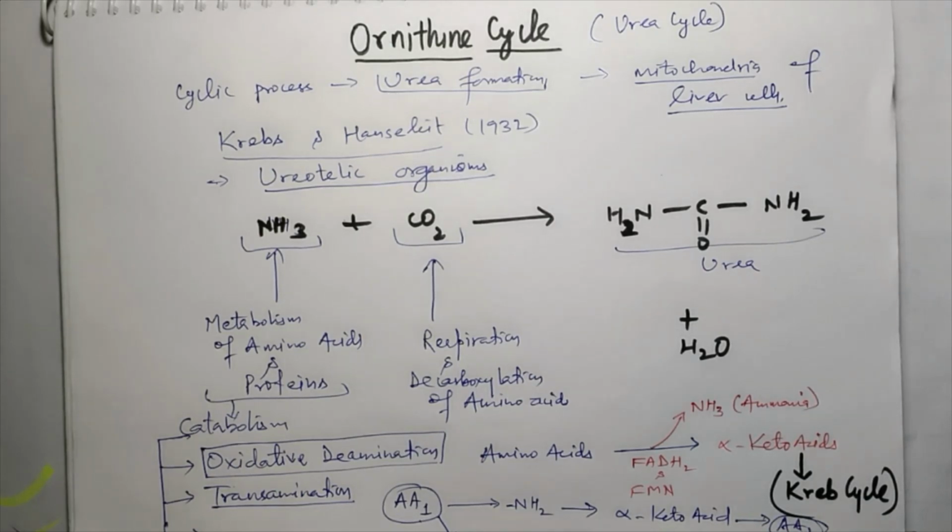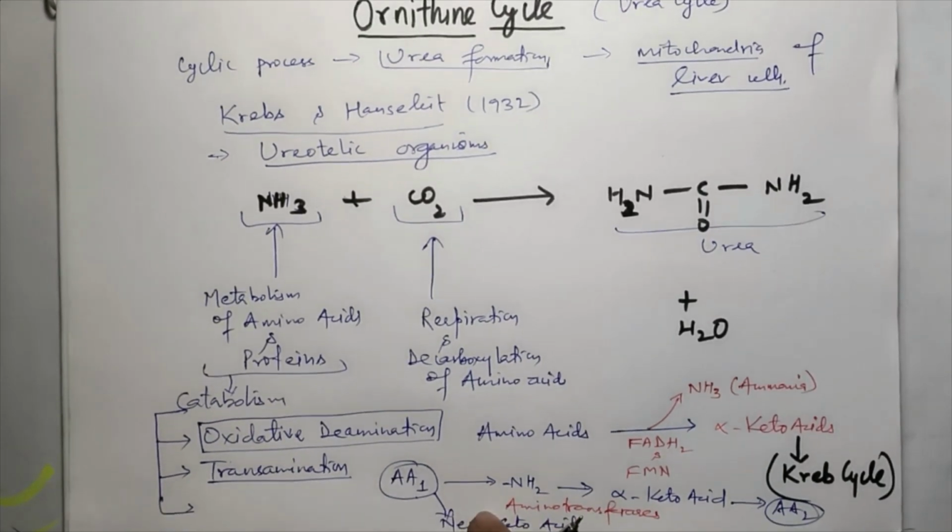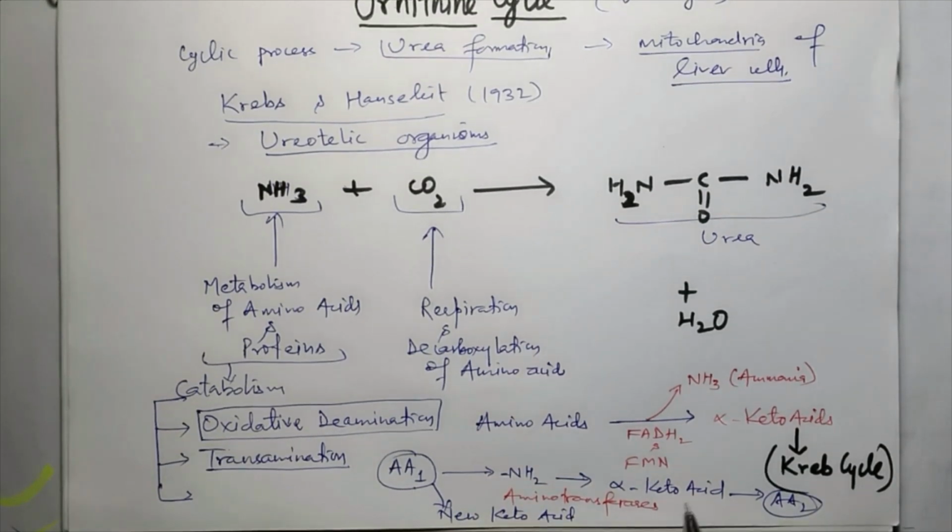This transamination reaction is catalyzed by enzymes called aminotransferases, and they usually require a coenzyme called pyridoxal phosphate, which is derived from vitamin B6.